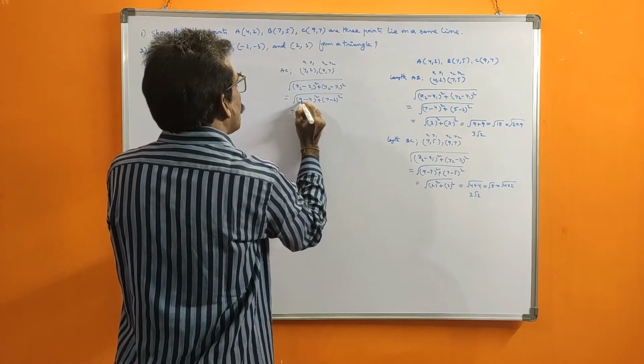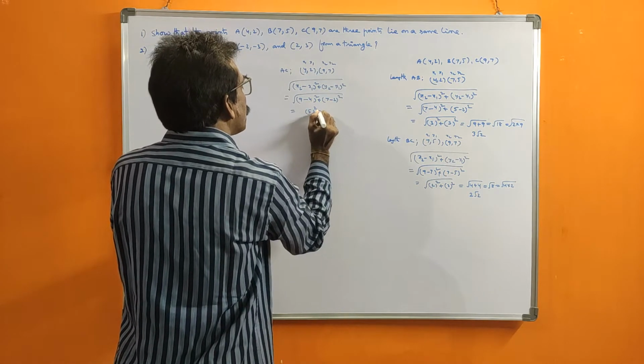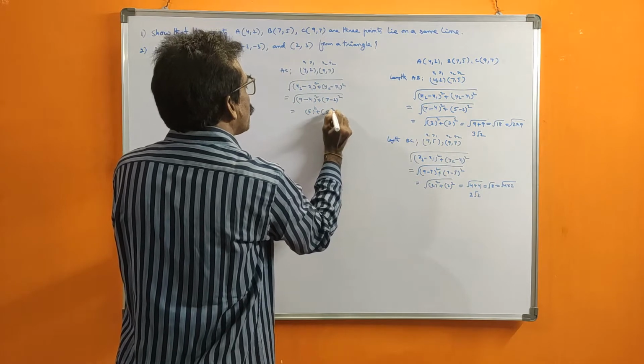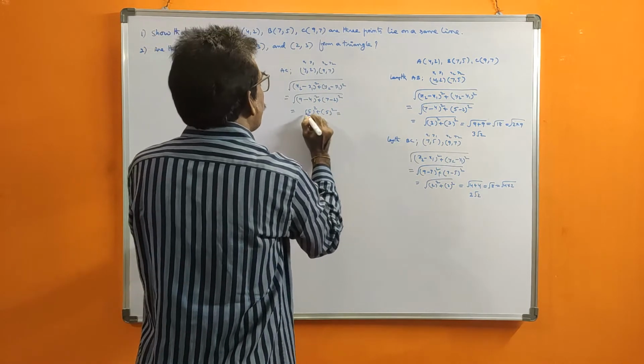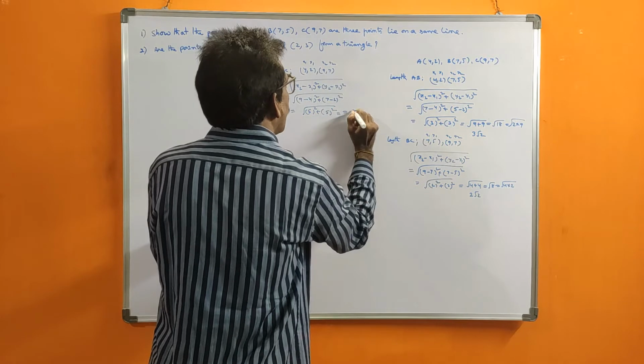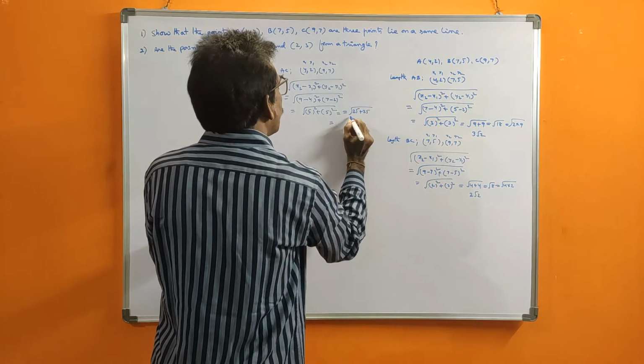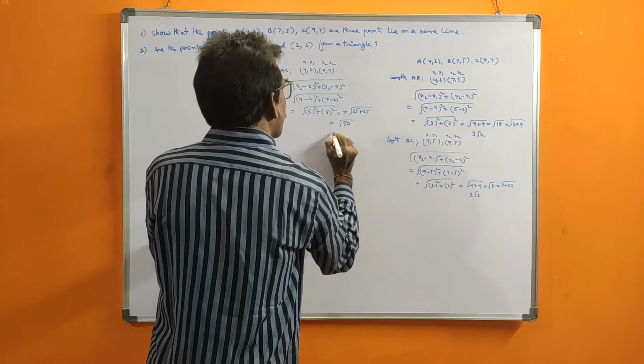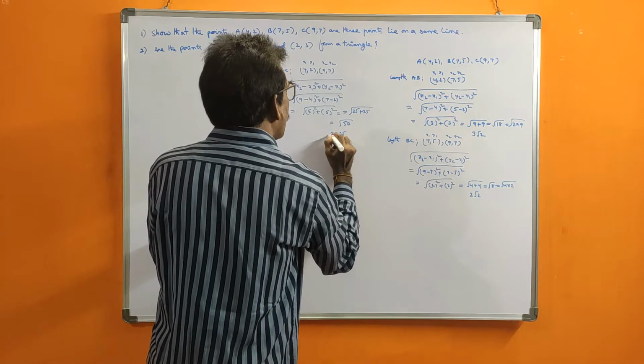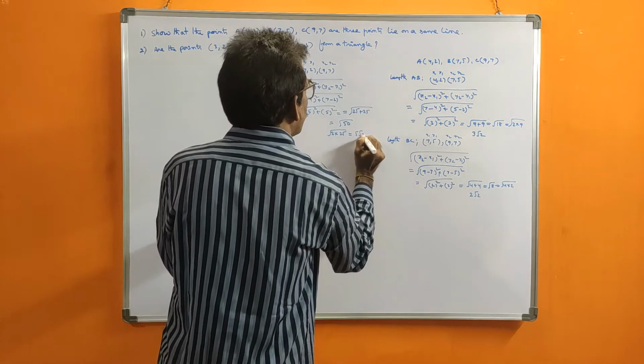So 9 minus 4 is 5 square, plus 7 minus 2 is 5 square. So under root, 5 square is 25 plus 25, that is root 50. We can write this as 2 into 25, that is 5 root 2.